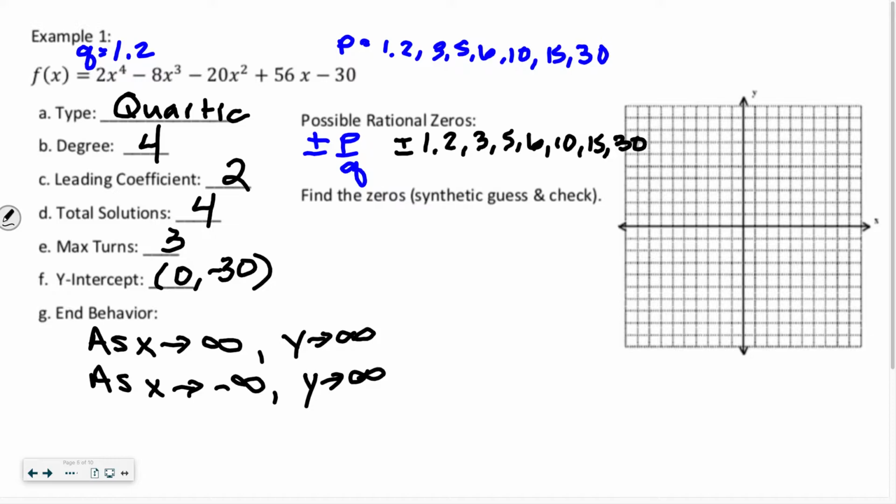What are the only types of factors that are going to produce a new solution or new number? 1, 5, 15. What kinds of numbers are those? What kinds of values of p will give us new zeros? The odd ones, right? Like 2 over 2 is going to be 1. 6 over 2 is going to be 3. Those things are already on the list.